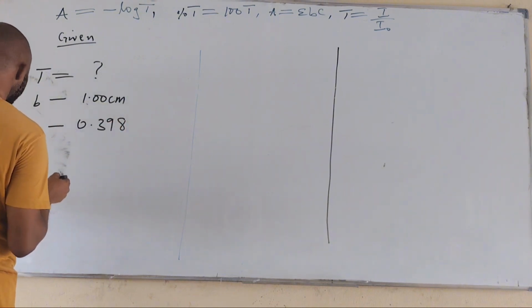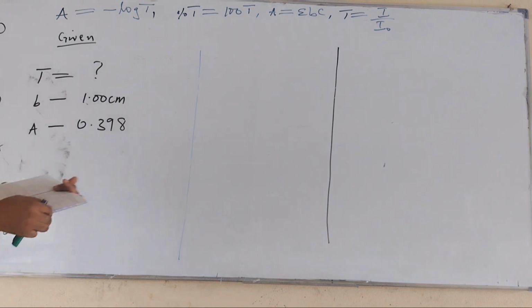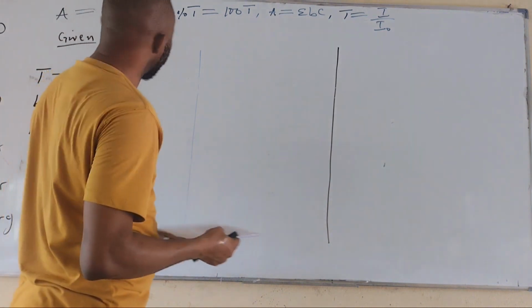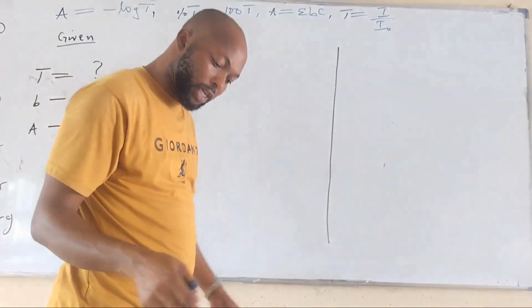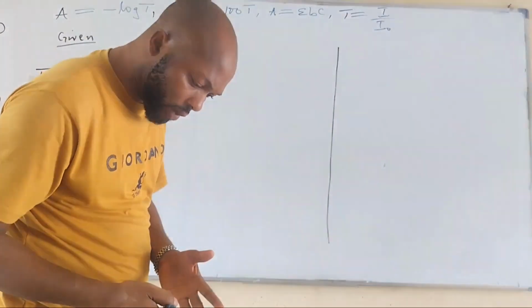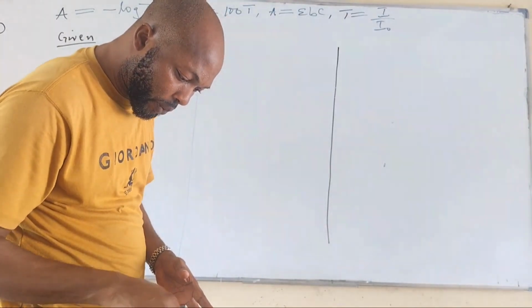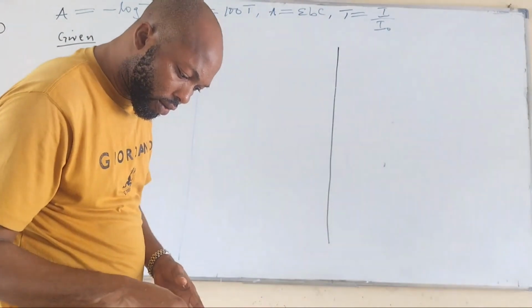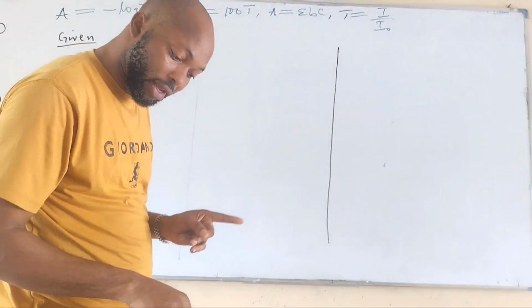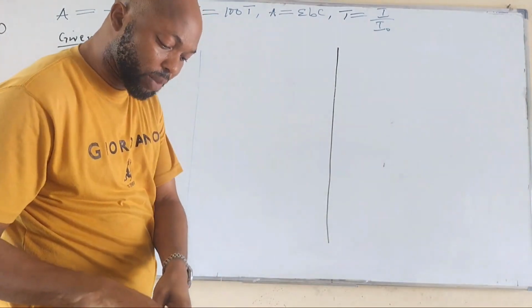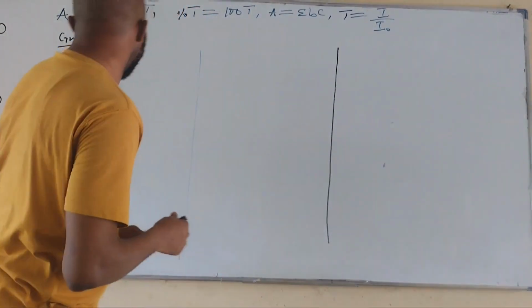Then it asks, what additional information, if any, will you need to calculate the molar absorptivity of this analyte? After we're done calculating our transmittance, what additional information do we need to calculate this?